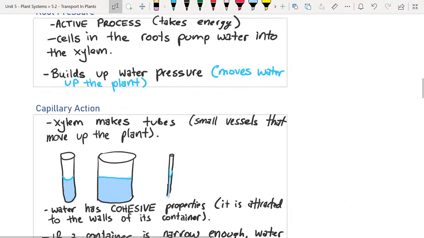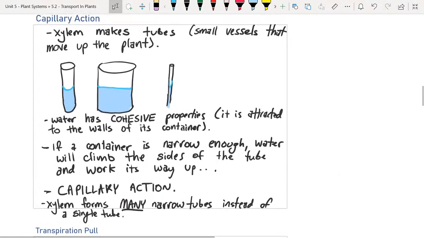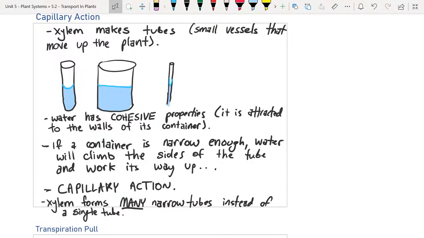Okay, so the first thing happens down at the roots, where we pump water into the xylem. And that moves the water up because it gives you pressure. The second thing happens in the xylem itself. The way the tube is designed helps water flow up. It's a good design, right? The third thing happens where the water is going.